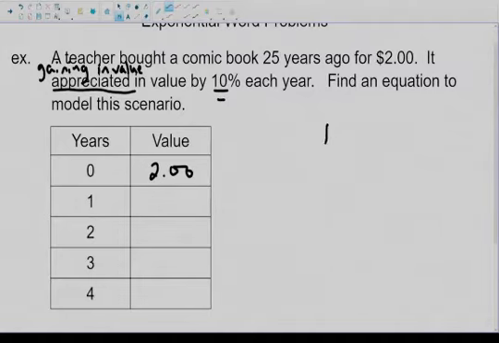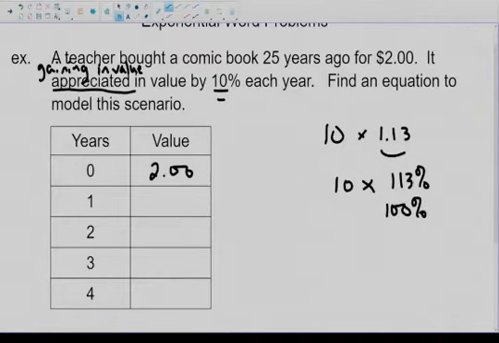So instead of multiplying by 0.13 and then adding it to the original, what you can do is multiply by 1.13. What that actually means is you're multiplying by 113%. You paid 100% of the price, you're adding 13% of the original price to that 100%, and therefore you're paying 113% of the price.